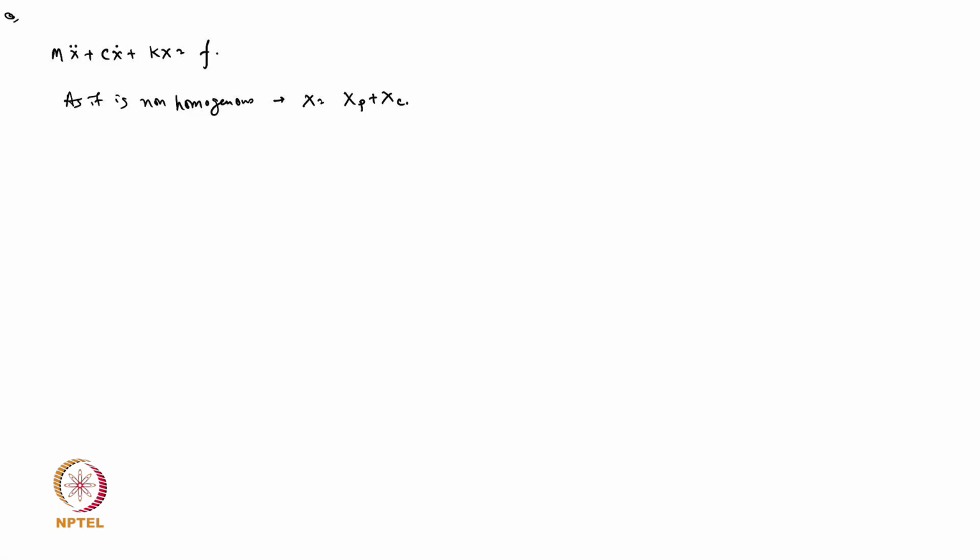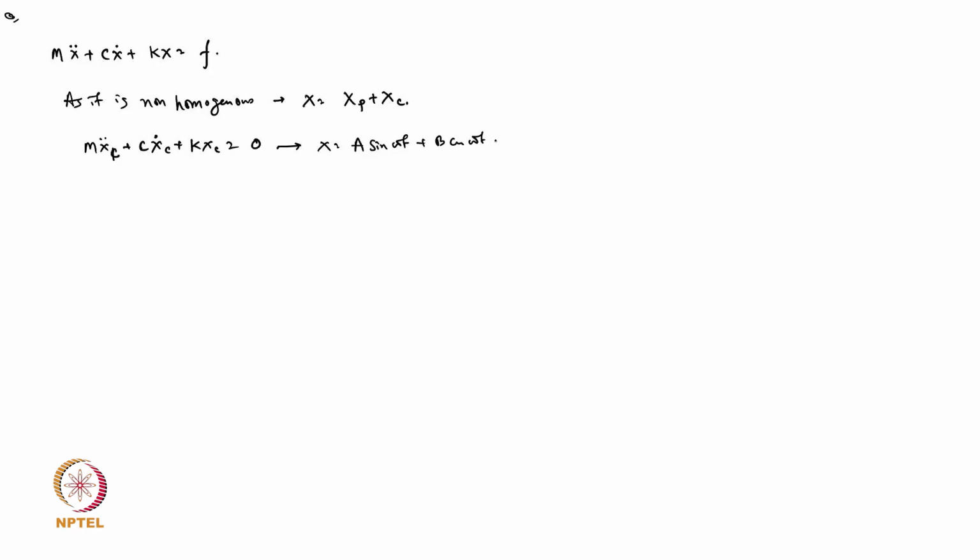We have already discussed the complementary solution, where the right-hand side is equal to 0, and we have seen the solution that we can write as x equal to a sine omega t plus b cos omega t.